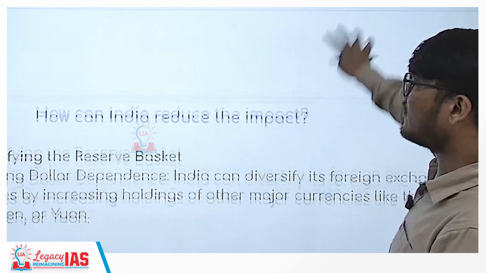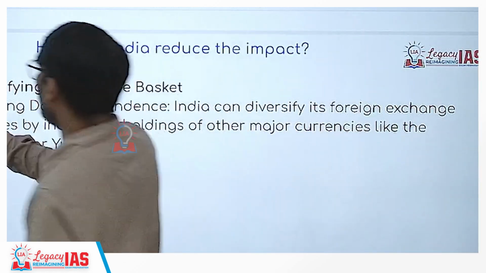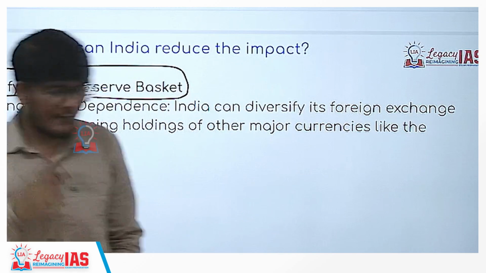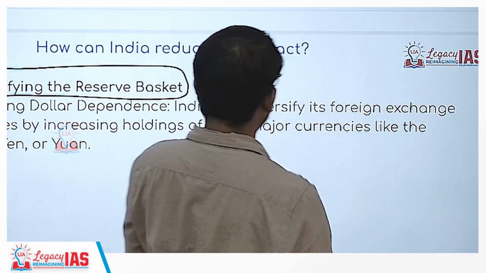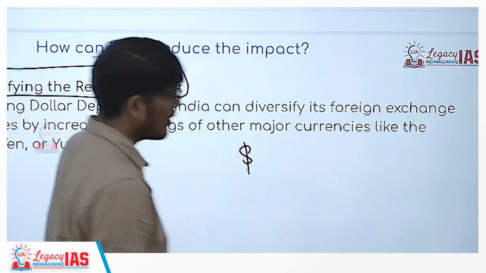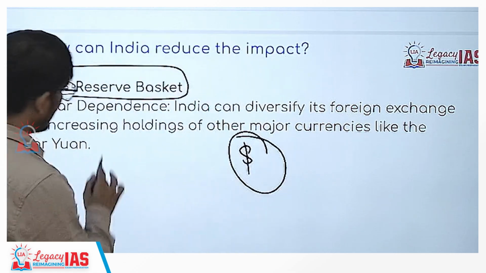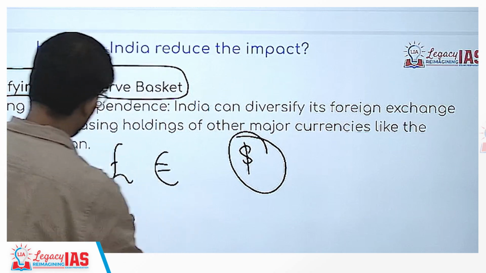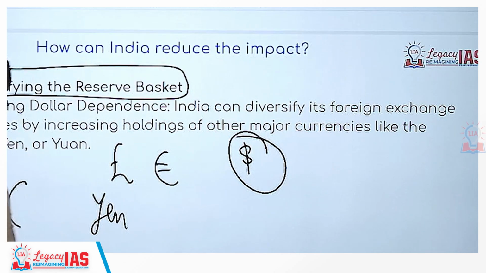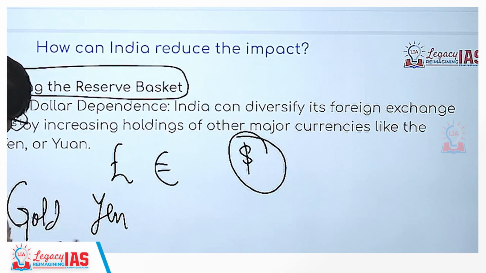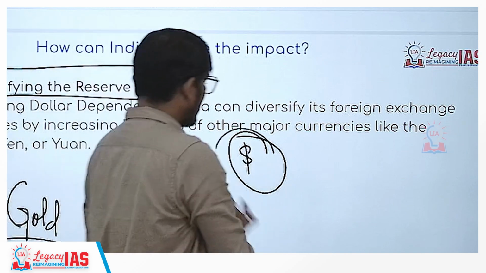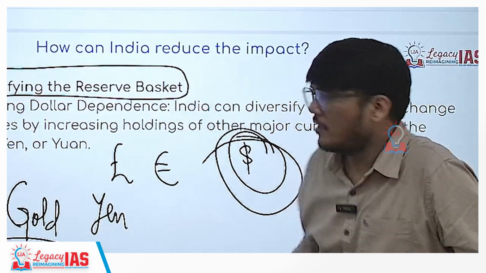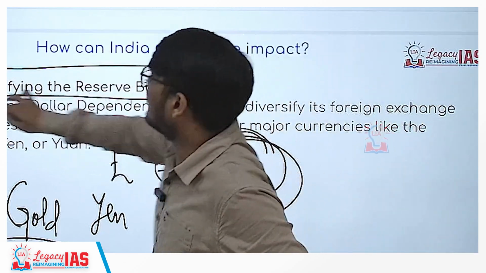So you can balance it like that. The other way is diversifying the reserves. This is also a very good way. Diversifying the reserve basket: if our reserve basket of foreign exchange currency has a lot of dollars, reduce the amount of dollars, and have pounds, euros, yens or gold, so that a slight increase, decrease or fluctuation in the dollar does not have a huge impact because your basket is diversified.